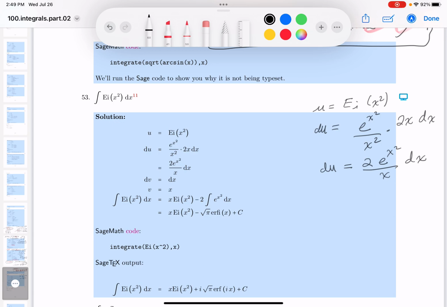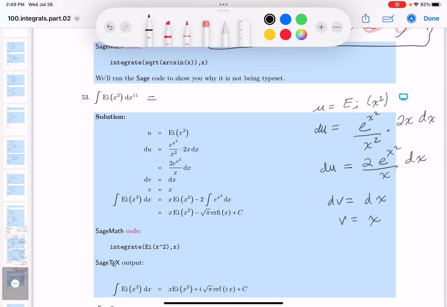So I'm using integration by parts. I've got the u, and now I'm going to write down the dv part. So what's dv? Well, I'm forced to accept it to be dx now. What do you get over there? v is equal to x. The constant of integration comes into it later on. So let's write this down.